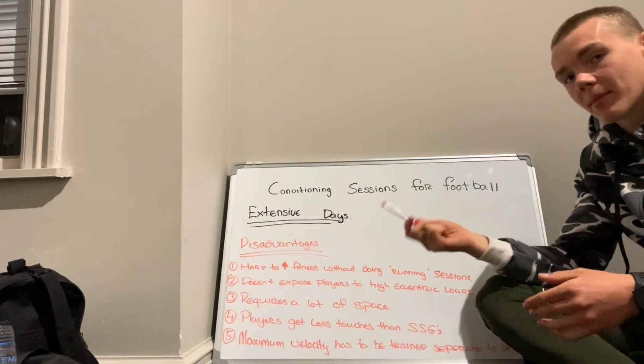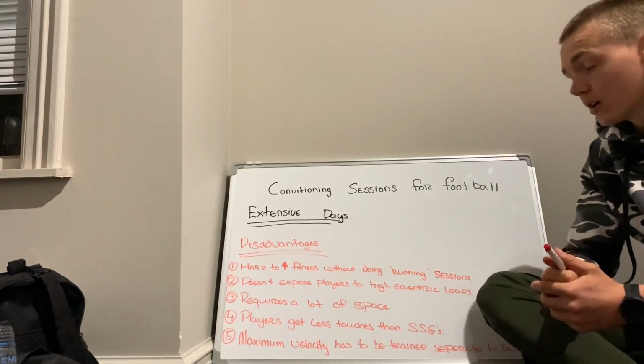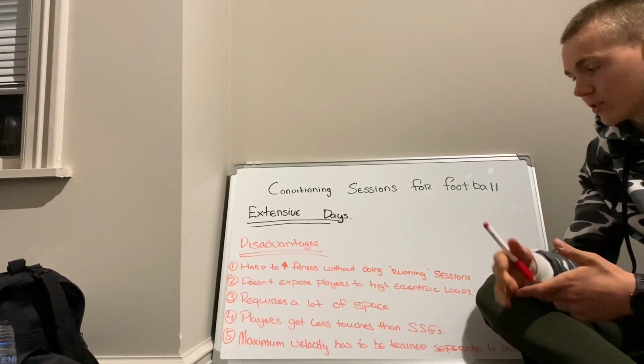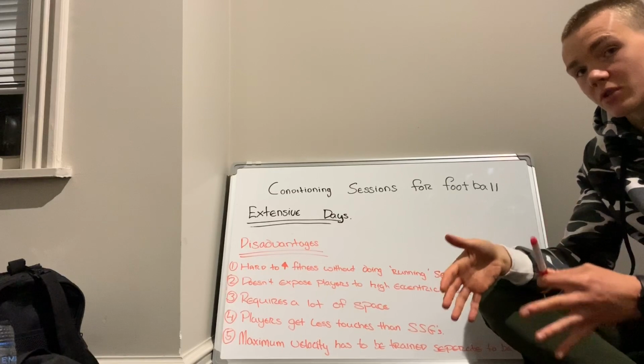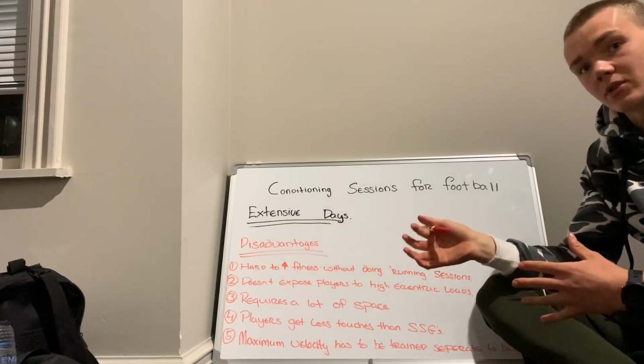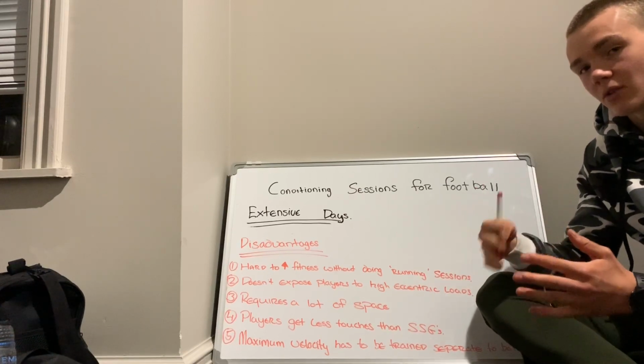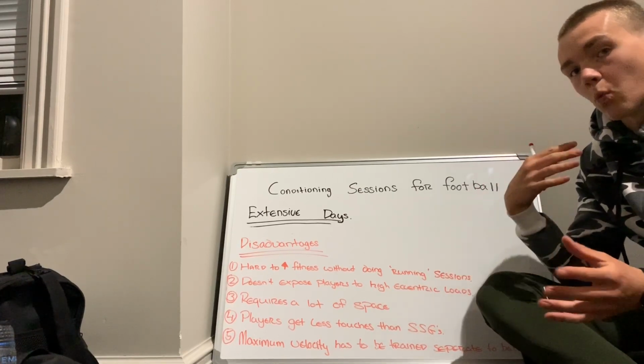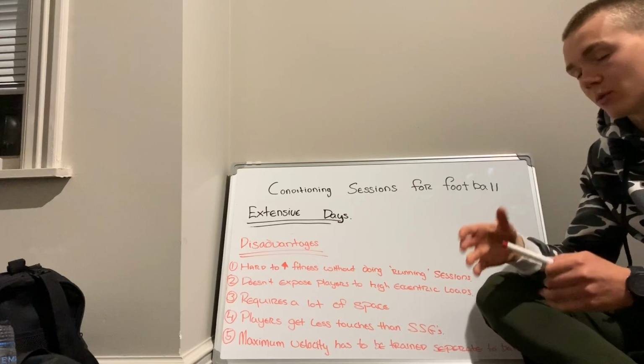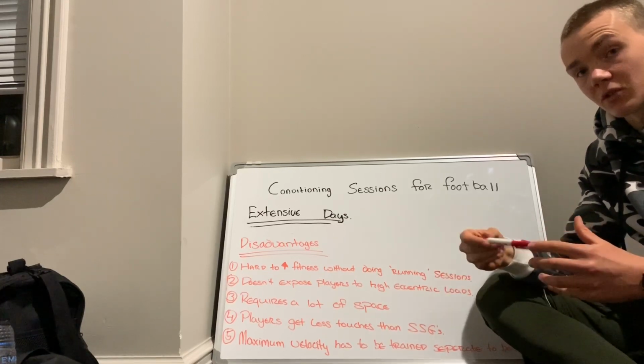So to cover the amounts of high speed running they need to cover to increase their fitness levels, you might have to do your tempo runs and do your mass runs separate to your large sided games. So the players will need to understand that and buy in and understand why you're doing it. So that's very, very important that you explain why and that the players will buy into it.